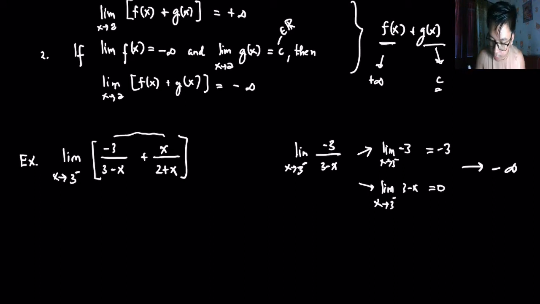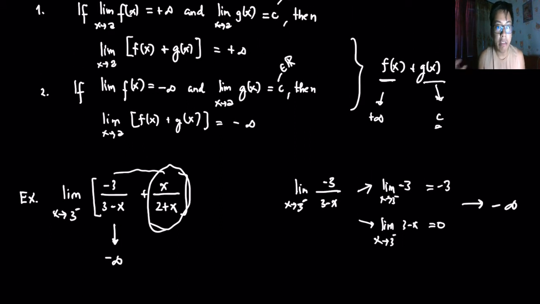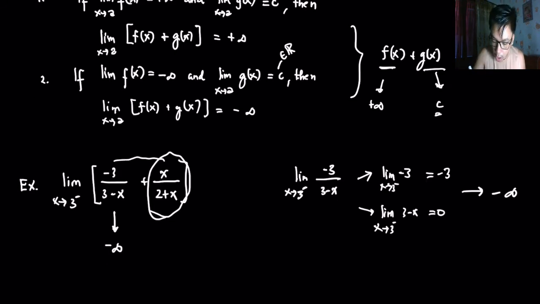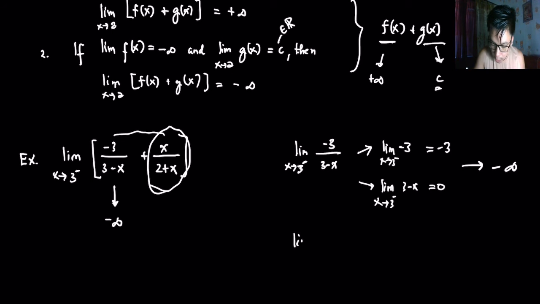So hence, this is the f of x here. Hence, the limit here is negative infinity. But we would have to check first the second if this is a constant real number, because we need to make sure that if one has a limit of negative infinity, the other has a limit of a constant number. Okay, so I'll double check. The limit of x over 2 plus x as x approaches 3 from the left is 3 over 5.